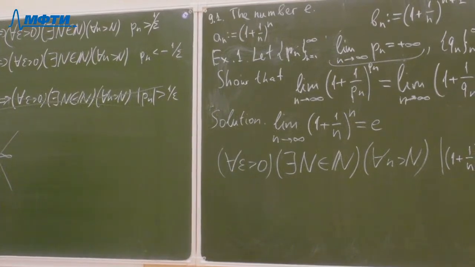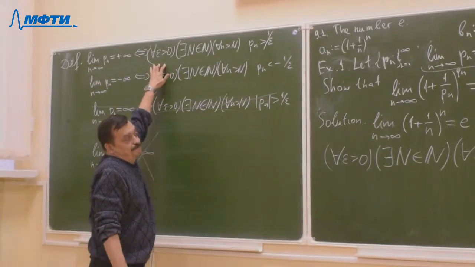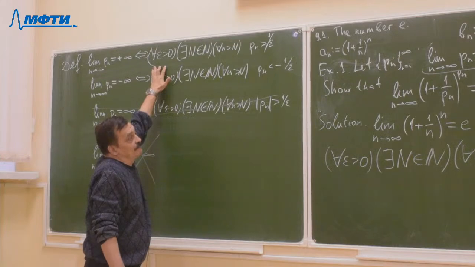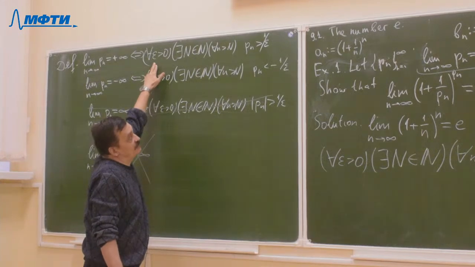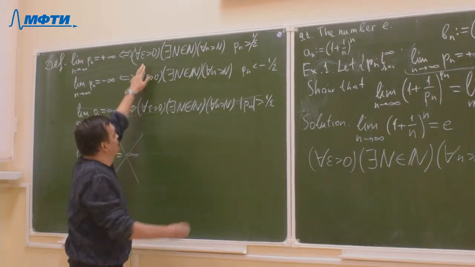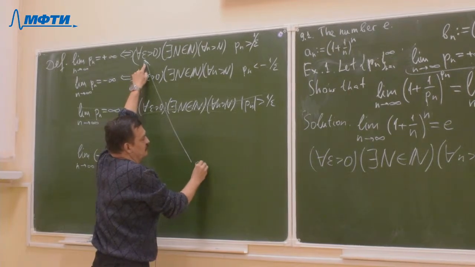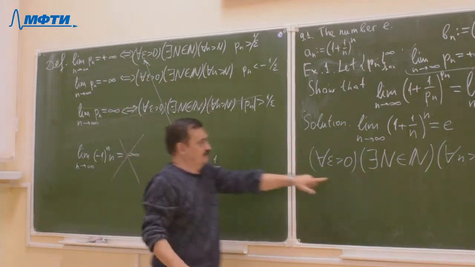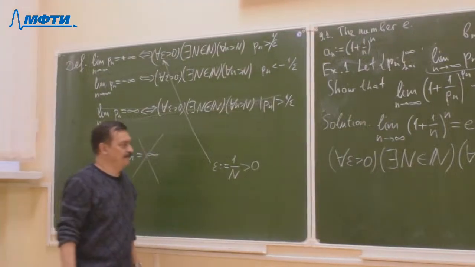Here I should write again such a chain of quantifiers, but let me choose as epsilon greater than 0 something very special. Let's take 1 over capital N, this natural N. That is a positive number.